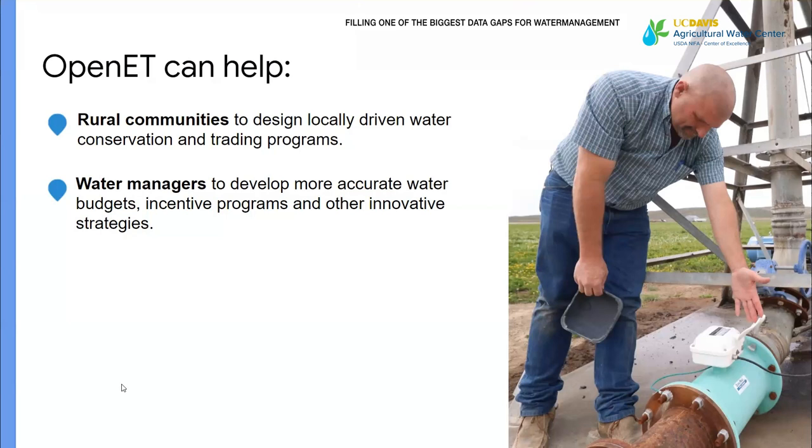So for those folks that are thinking about this at that system scale, at the local still, but multiple producers, multiple growers, multiple landowners involved, this is also really helpful for them, right? Because again, you can take that accounting that's happening at that field level, or at the ranch level, add it all up and start to account for a budget, start to track and manage a budget at bigger scales as well.